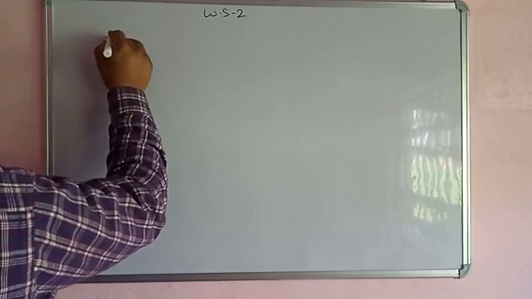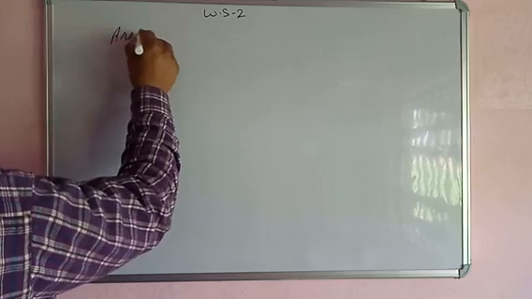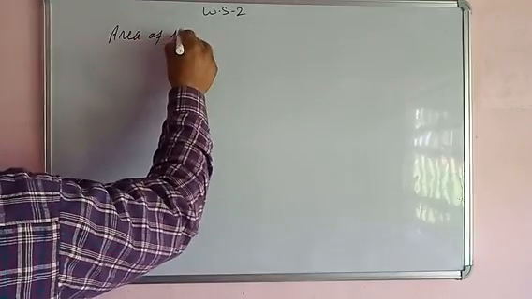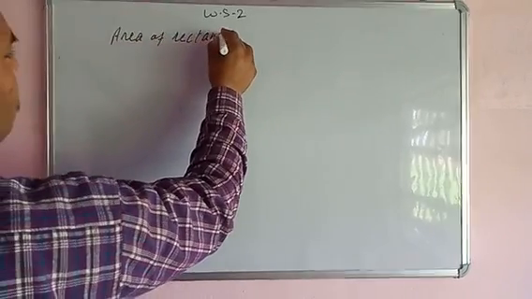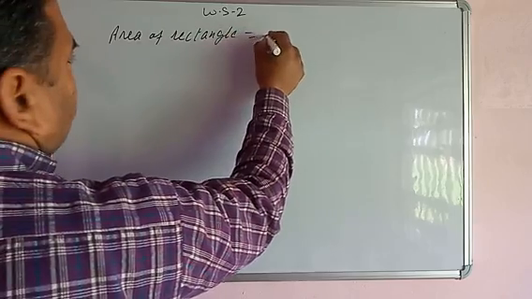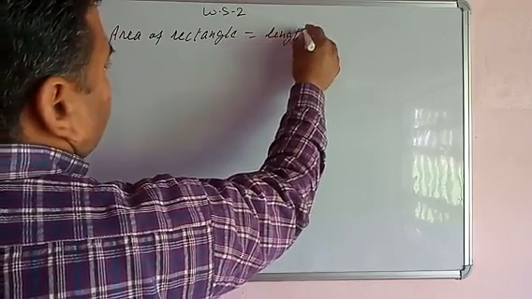So we know the formula of the area of a rectangle is equal to length multiply breadth.